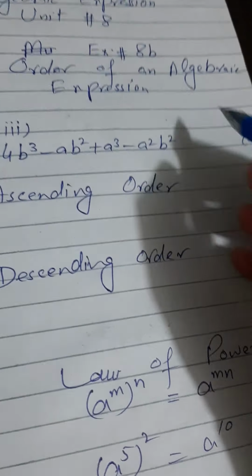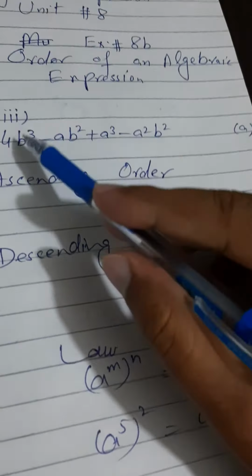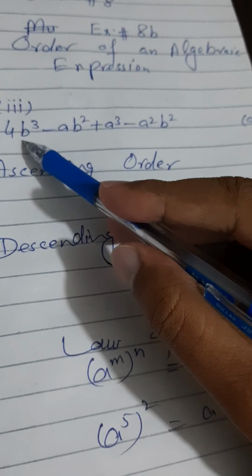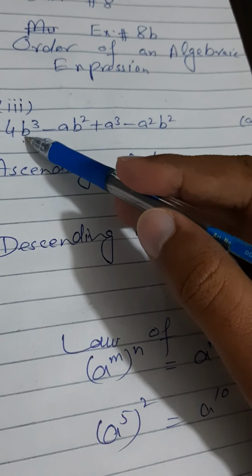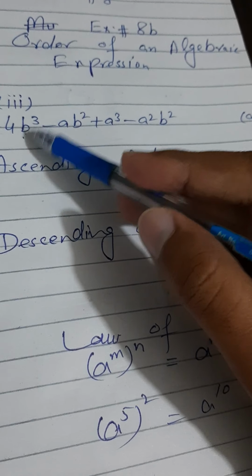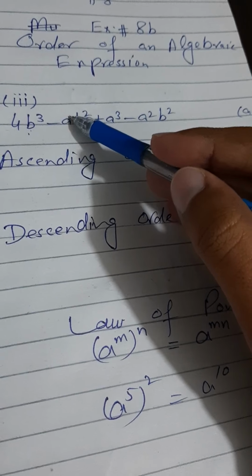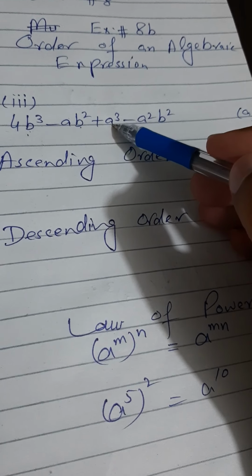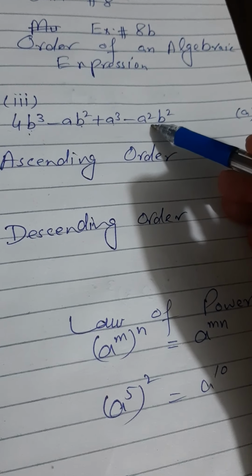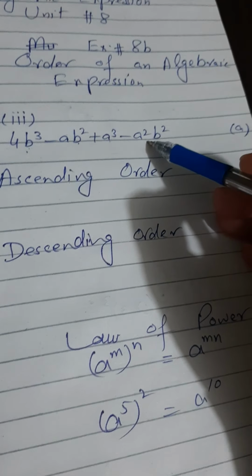So the exponent of a in the first term: a is not available, so the exponent of the variable is 0. Then in the next, the exponent of a is 1, then the exponent of a is 3, and in the last the exponent of a is 2.